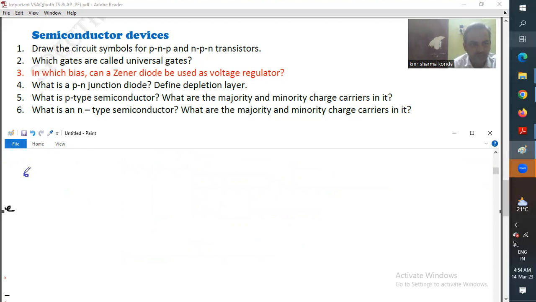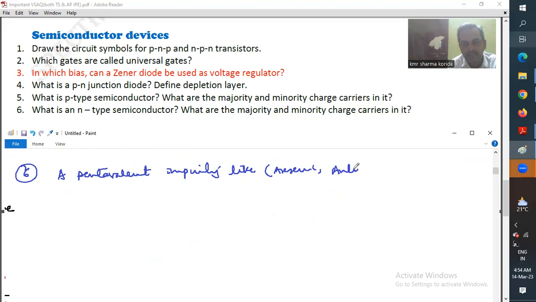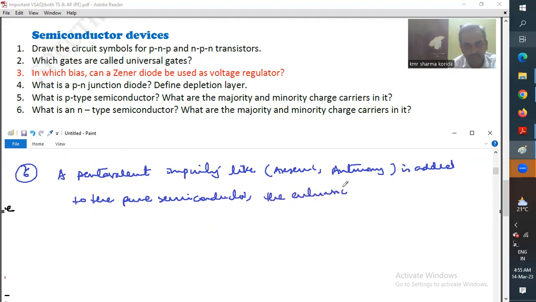So just a converse of this particular definition. What is an N-type semiconductor? A pentavalent impurity like arsenic or antimony is added to the pure semiconductor, and the extrinsic semiconductor so formed is called an N-type semiconductor.